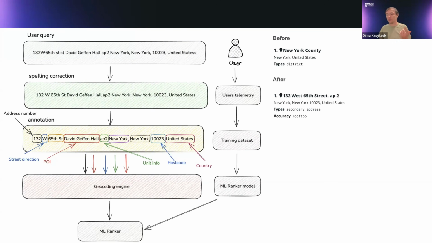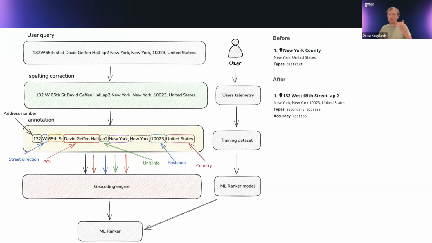And we introduced the ML Ranker. The ML Ranker is a model that was trained on real users. Every time a user selects something, we send telemetry information about it to our servers, and later we use it to train the model on what users actually selected.